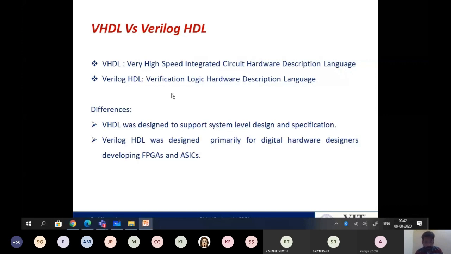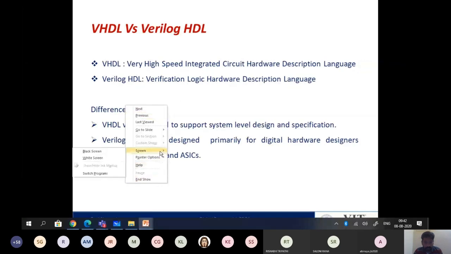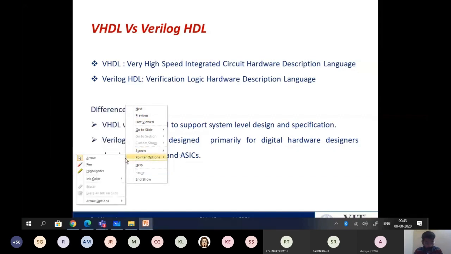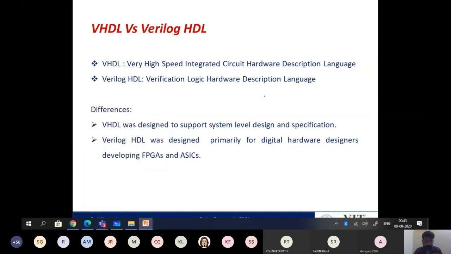So VHDL requires a library. It has libraries, packages. All these concepts are there in VHDL, attributes, packages, whereas those are not there in Verilog HDL.